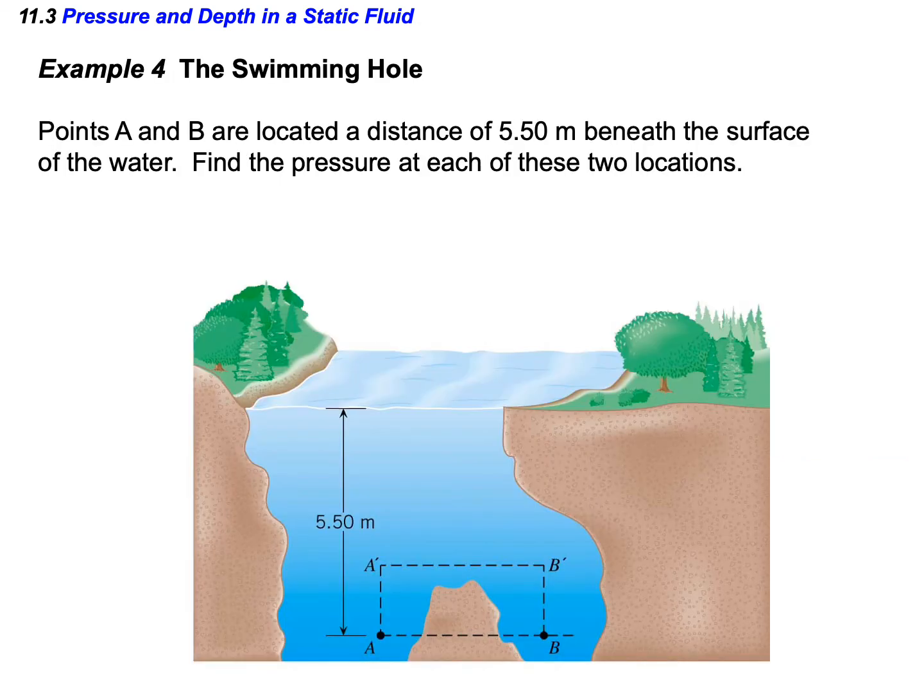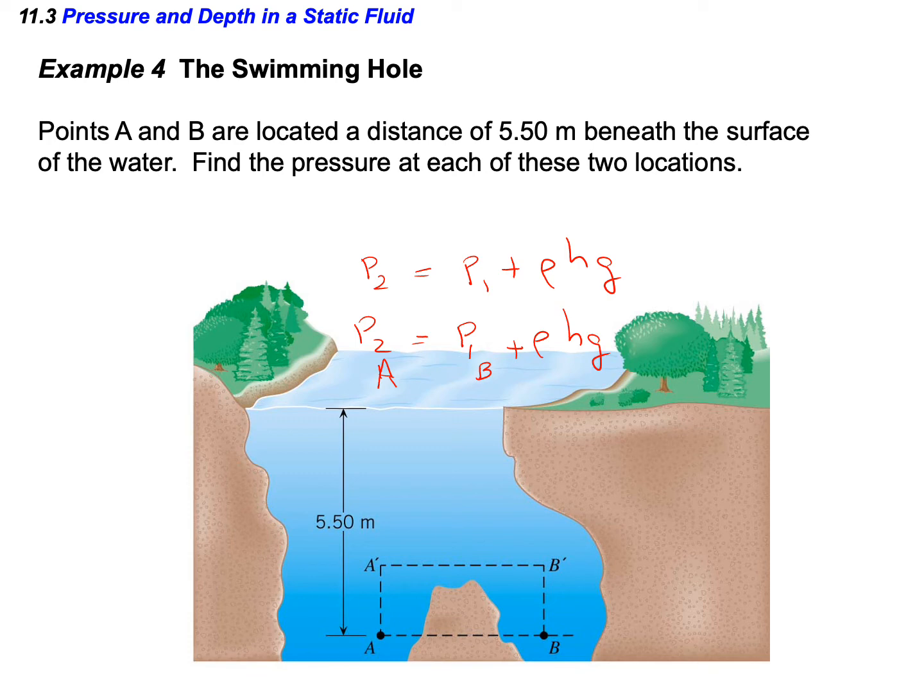So in this example, we are asked to find the pressure at point A and point B. So pressure here and pressure here. According to this equation, pressure 2 is equal to pressure 1 plus rho Hg. So pressure 2 at A is equal to pressure at point B plus rho Hg.